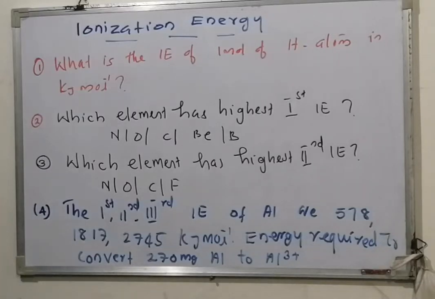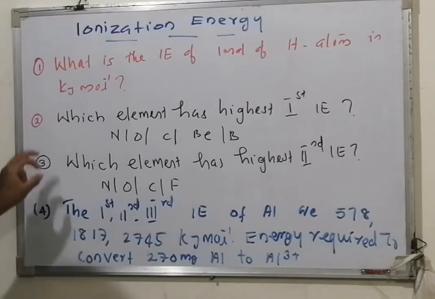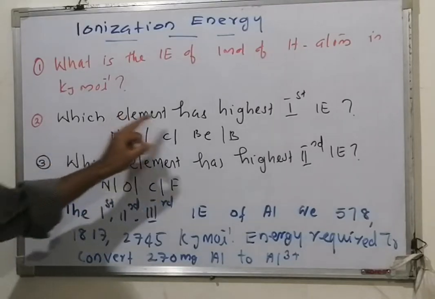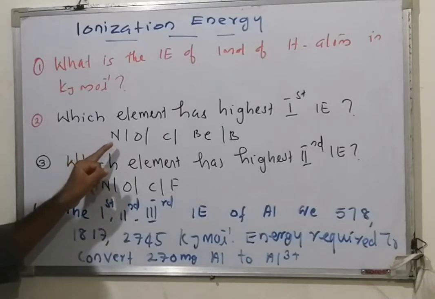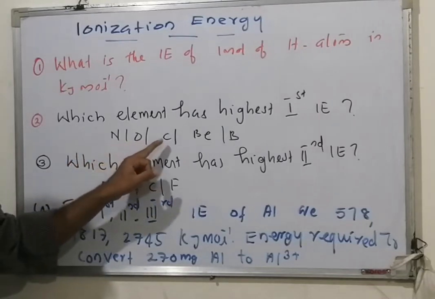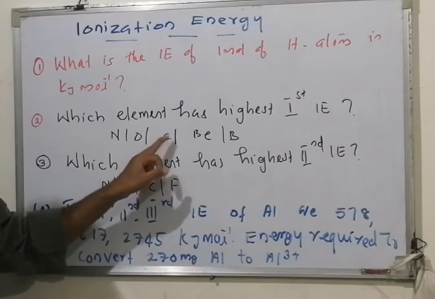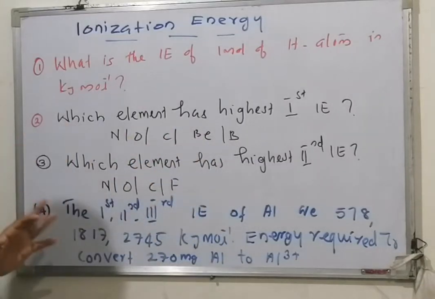First question, what is the ionization energy of 1 mole of hydrogen atom in kilojoule per mole? Second, which element has the highest first ionization energy? Nitrogen, oxygen, carbon, beryllium, boron.